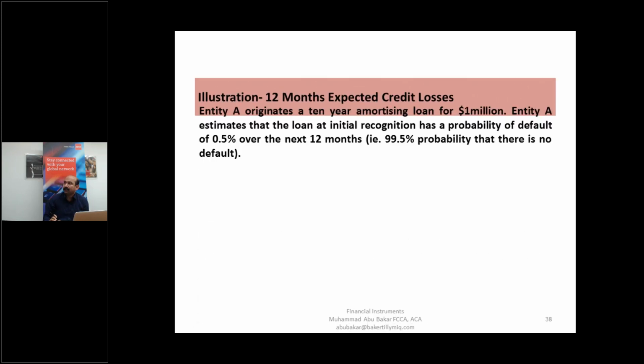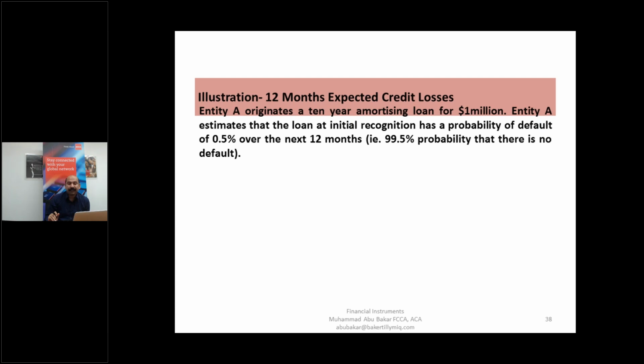Like, there is a small illustration. Entity A originates a 10-year amortizing loan for 1 million. Entity A estimates the loan at initial recognition has a probability of default of 0.5% over the next 12 months. That is 99.5% probability that there is no default.